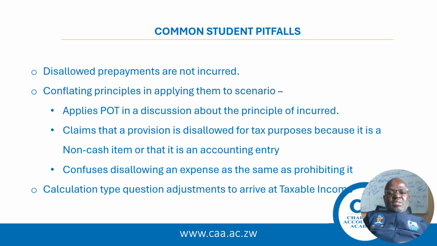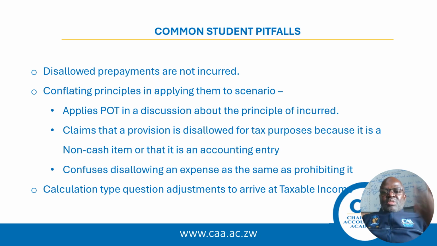Calculation type questions, candidates also struggle to arrive at taxable income, because sometimes, to use the example that I've just done, it now depends what had happened to this marketing expense within the accounts. If in the accounts this has been deducted as an expenditure, for you to work to taxable income, you will have to add it back. But in some cases, maybe you're doing the direct method. Nothing has been done yet.